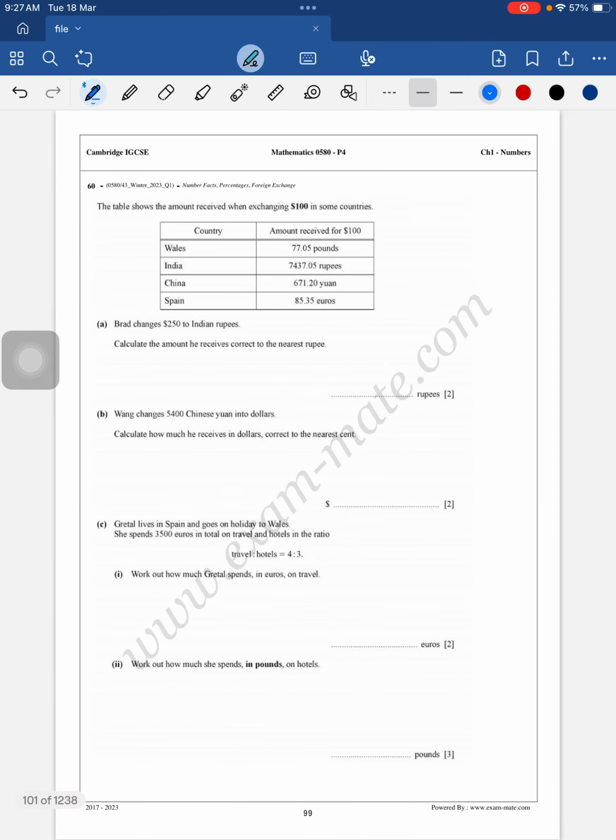Question number 60: the table shows the amounts received when exchanging $100 in some countries. Brad changes $250 into Indian rupees.